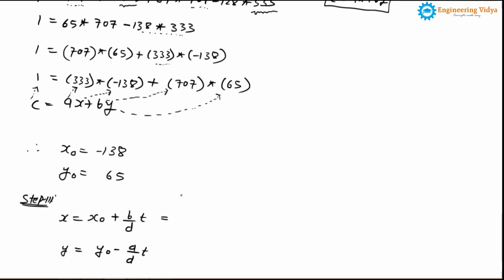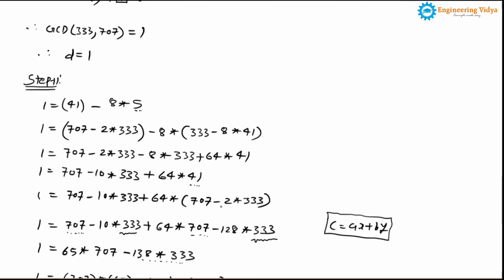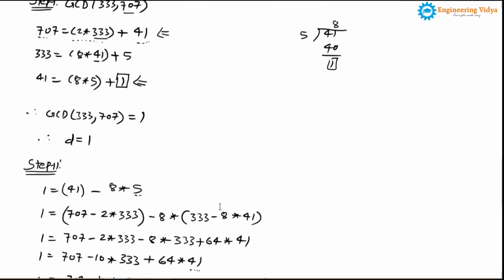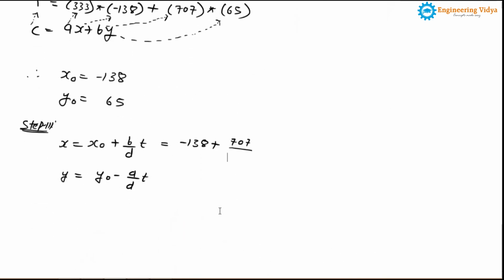So x0 is nothing but minus 138, and b is already given, b is nothing but 707. So here we'll write 707, b by d, and d is nothing but the GCD, right? So d is 1 over here.